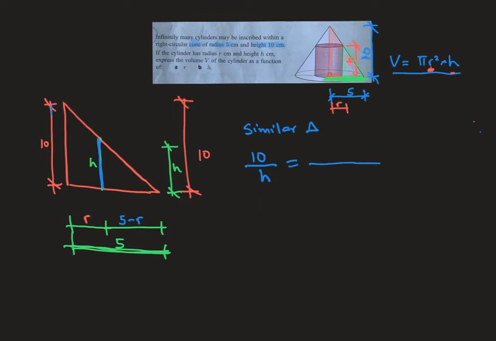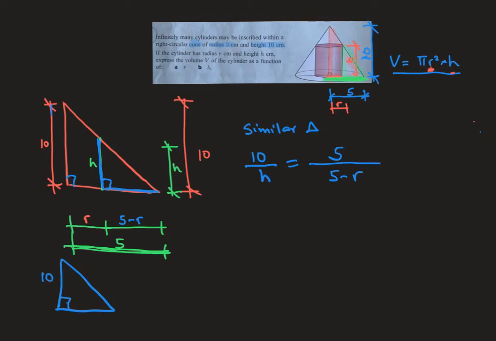So now we're going to have 5 here, and then over, divided by this one here, which is 5 take away R. If I take this big triangle here, they're right angle triangles.